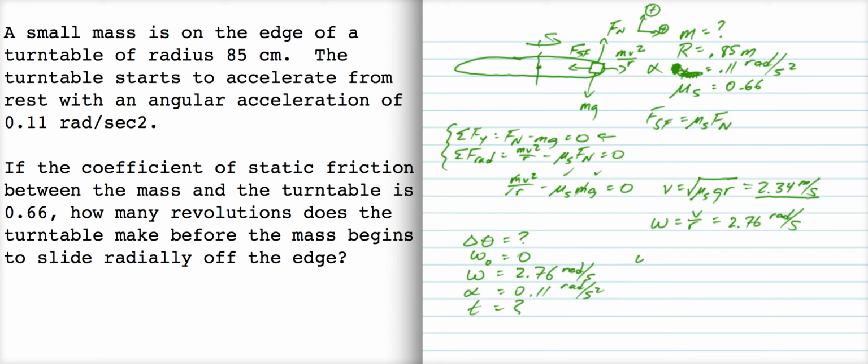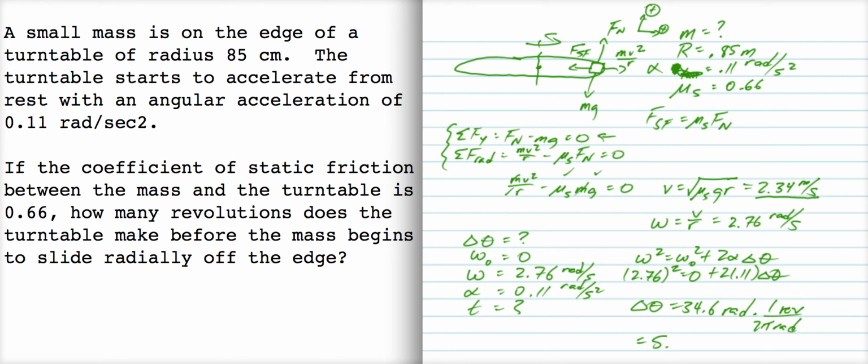Using the equation that doesn't have time in it enables me to solve for delta theta. It gives me delta theta equal to 34.6 radians. I multiply by 1 rev over 2 pi radians to convert it into revolutions, and I get 5.5 revolutions.